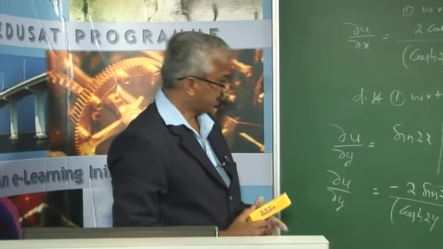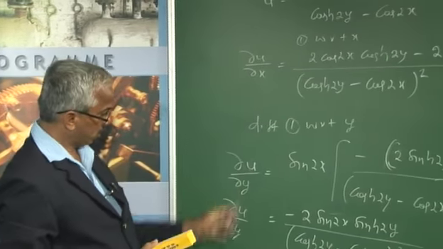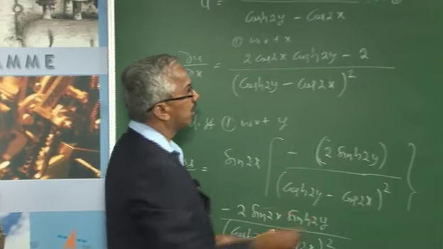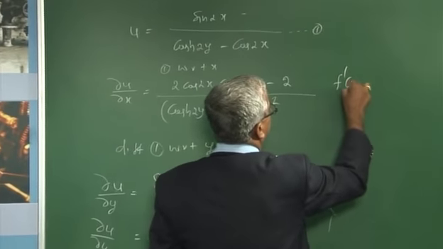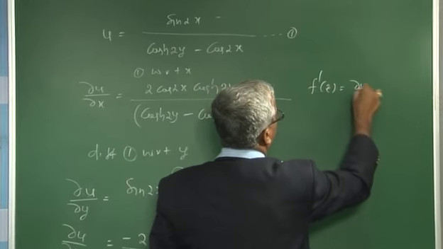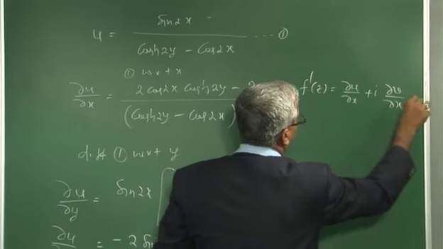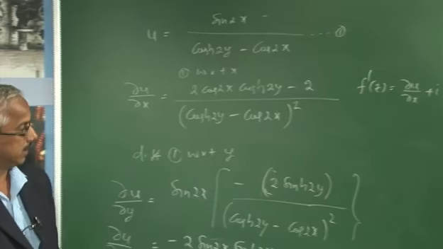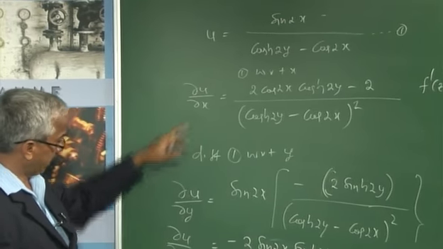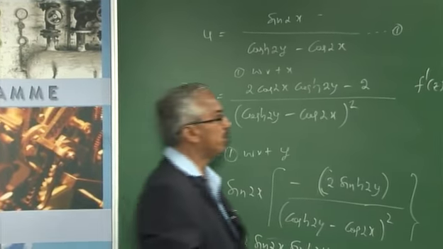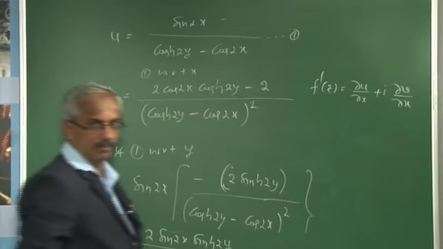Now we have dou u by dou x and dou u by dou y. Therefore, consider f dash z equal to dou u by dou x plus i times dou v by dou x. Observe that we have dou u by dou x and dou u by dou y, but dou v by dou x is not present.